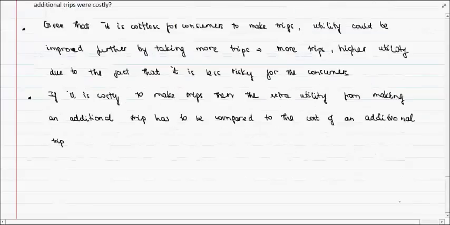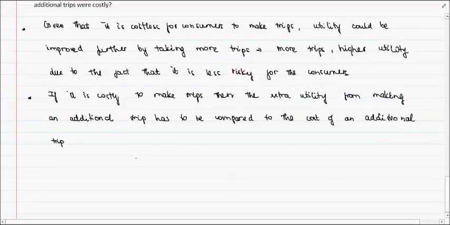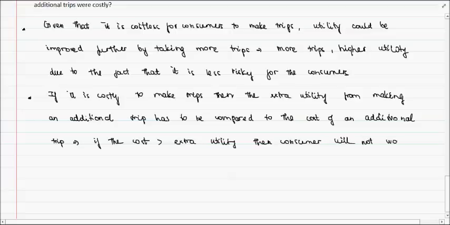So if the cost is higher than the extra utility, then the consumer wouldn't want to take the trip. So if the cost is higher than the extra utility, then the consumer will not want to take the trip.